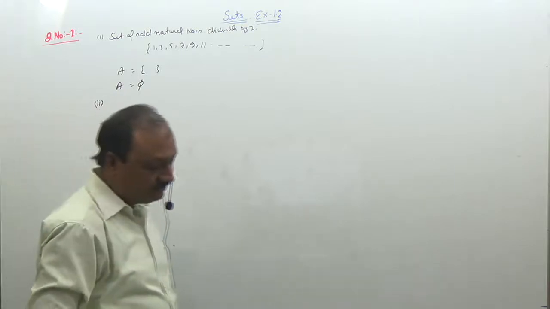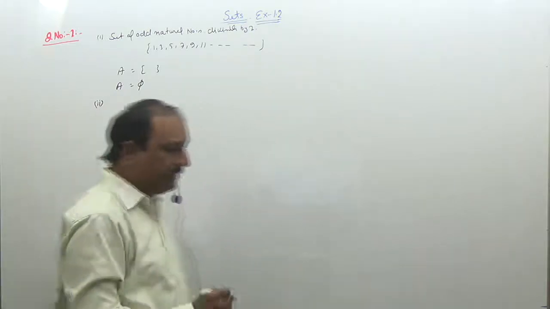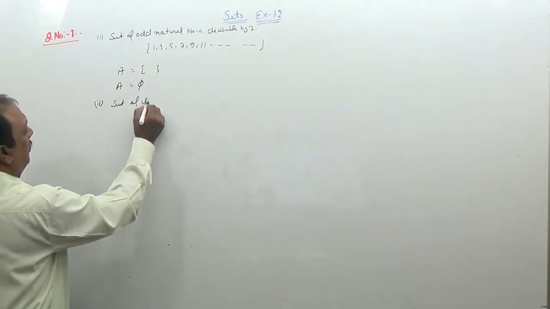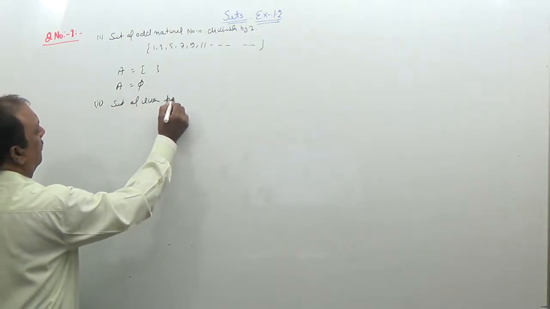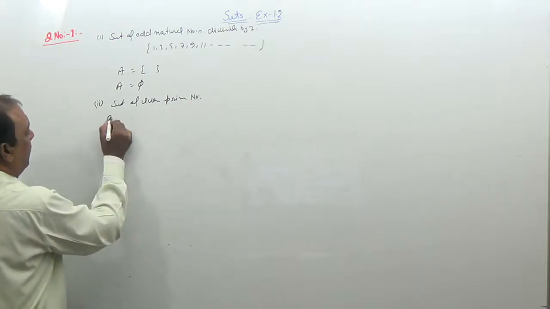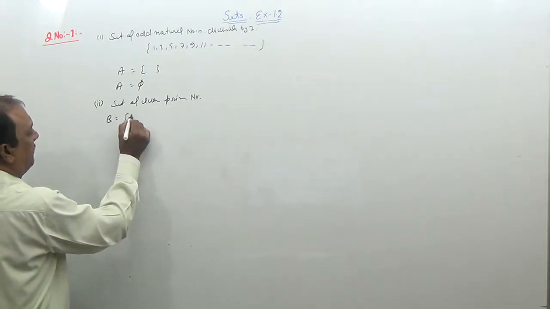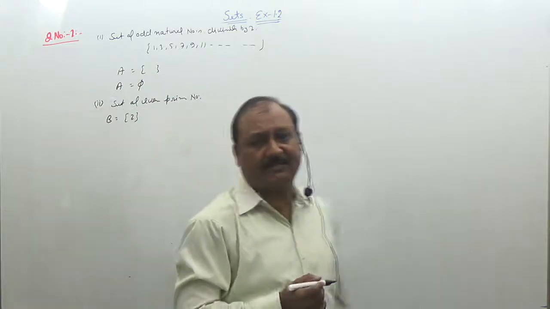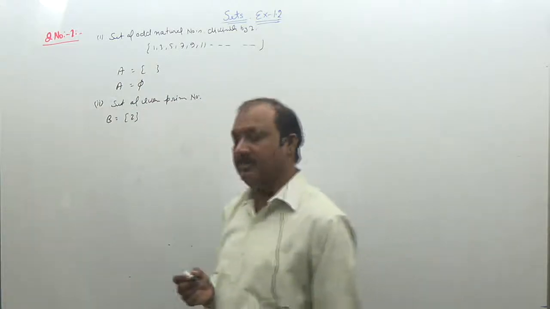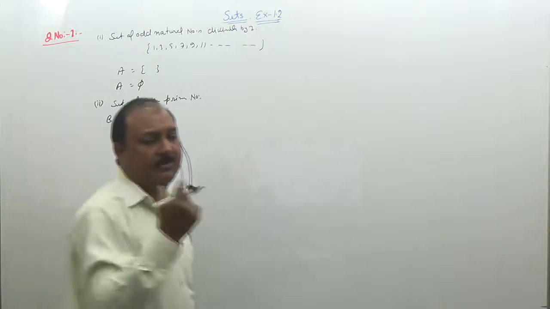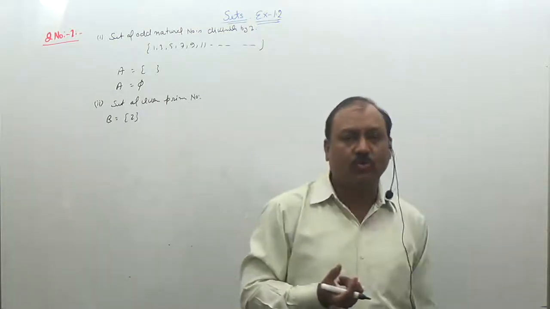Second is the set of even prime numbers. It is denoted by B, and there is one element which is prime as well as even. There is only one prime number which is even, that is 2.